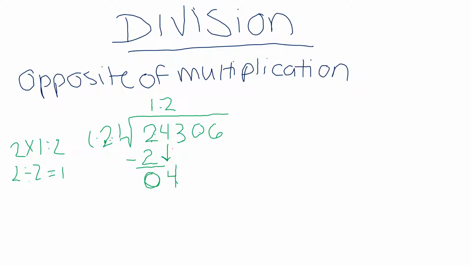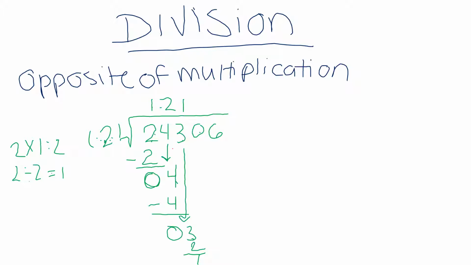Write that down there and subtract. Now we have a 0 again. Now bring the 3 all the way down. 2 can go into 3 only one time. And then 1 times 2 is 2. You have 1 down there.